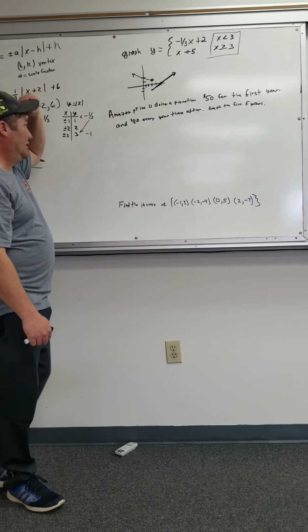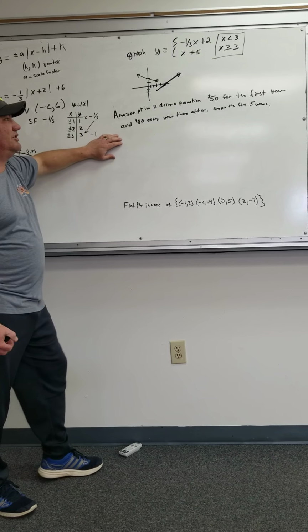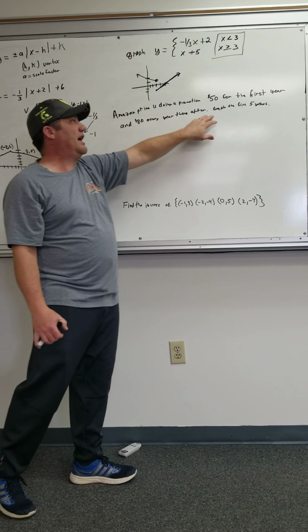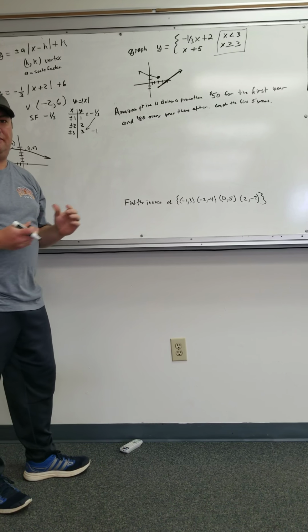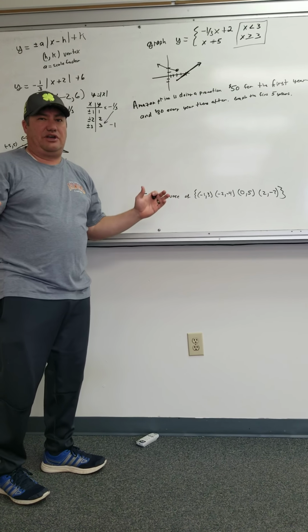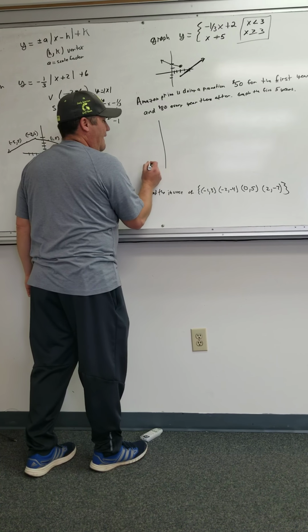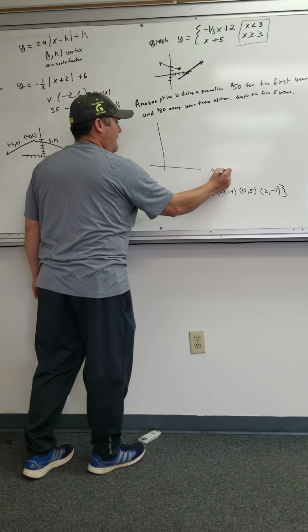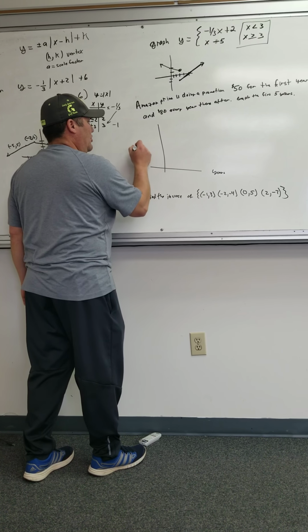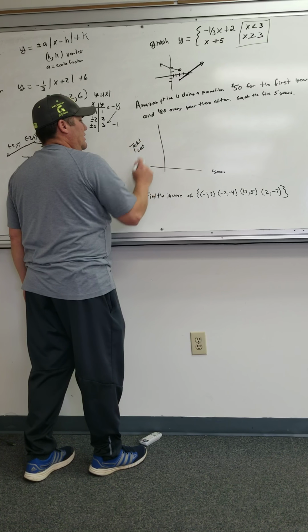Okay, next question. Here we have Amazon Prime doing a promotion, $50 for the first year and $80 every year thereafter. Graph the first 5 years. Okay, this is what we call a step function because once you paid it, you get it for that whole year. So we're going to start on a step function here, and we're going to do years along the bottom, and we're going to do total cost, and that's important, along the right.